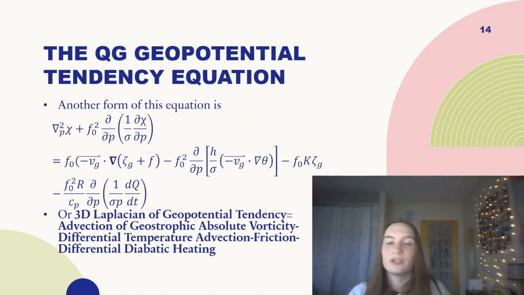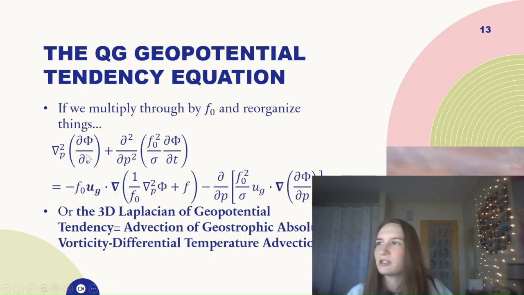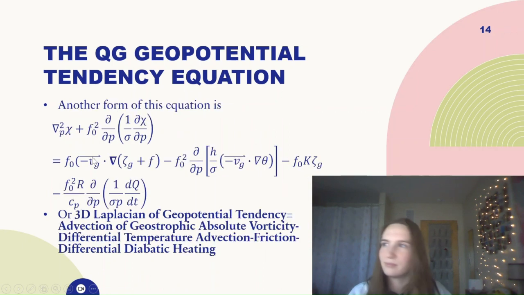Another form of this equation, remember, here's that chi. That's just chi: change in geopotential with time. That's chi. I've just rewritten it. So here's how you can rewrite that. Means the same thing. Our 3D Laplacian, so x, y, z, those are our three dimensions, or x, y, p, depending on what vertical coordinate you're using. That's equal to the advection of the geostrophic absolute vorticity, that means relative and planetary, minus the differential temperature advection.